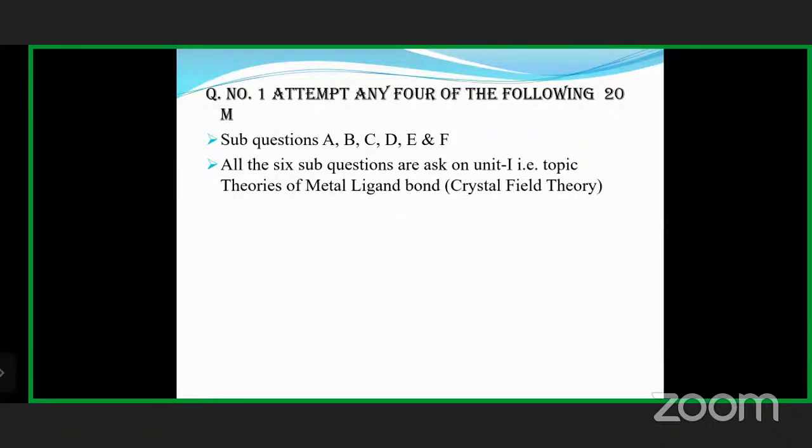Question number 1 is attempt any 4 of the following, which carries 20 marks, and there are total 6 sub-questions, A to F, or in Roman numerals first to sixth. All 6 sub-questions are asked on unit first, theories of metal ligand bond, based on the crystal field theory. So this question 1 is entirely asked around the crystal field theory.